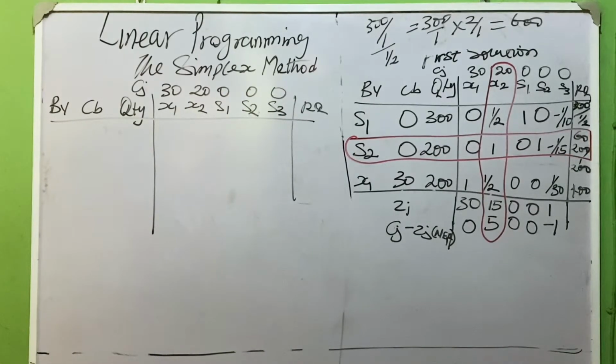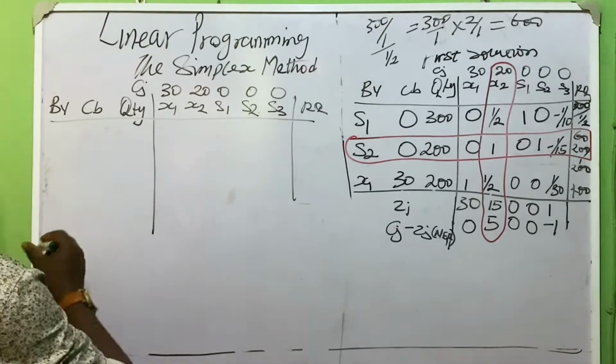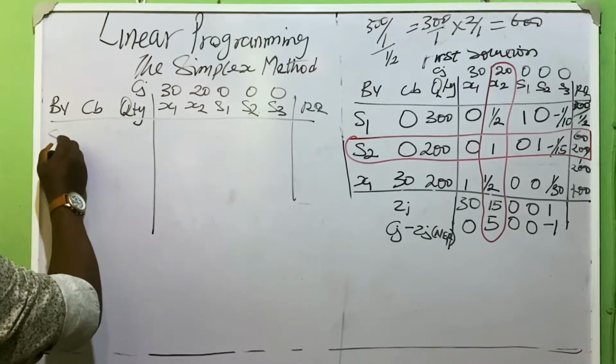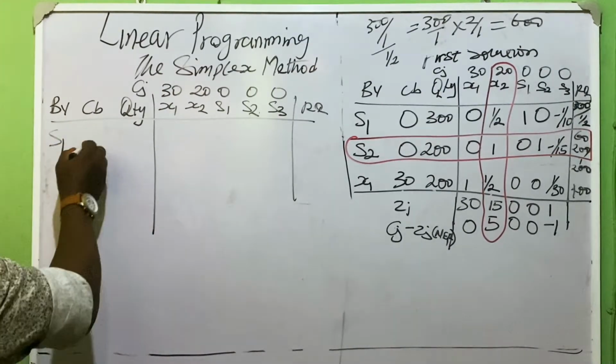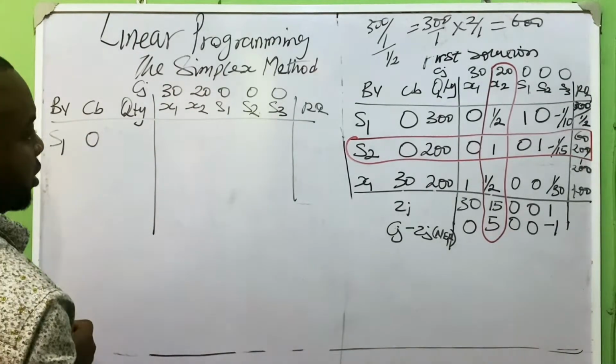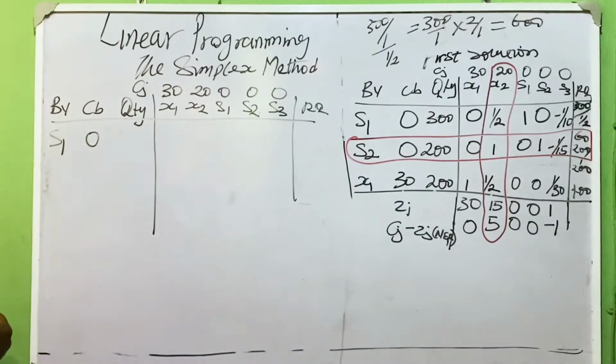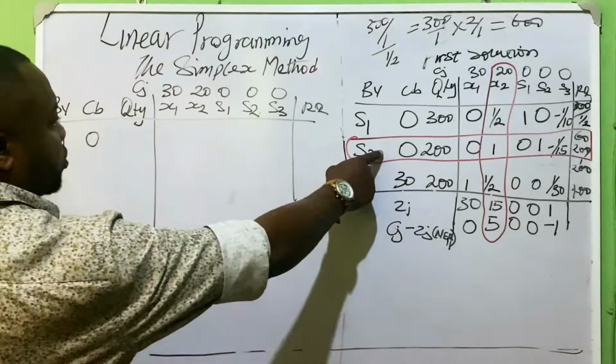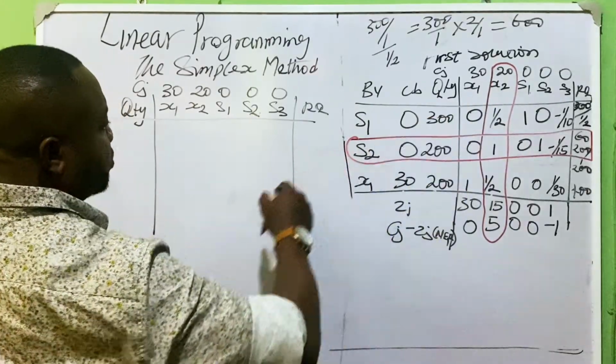So we have determined that S1 remains with its coefficient of 0. S1, the coefficient is 0, and S2, the position of S2 will be taken by X2.